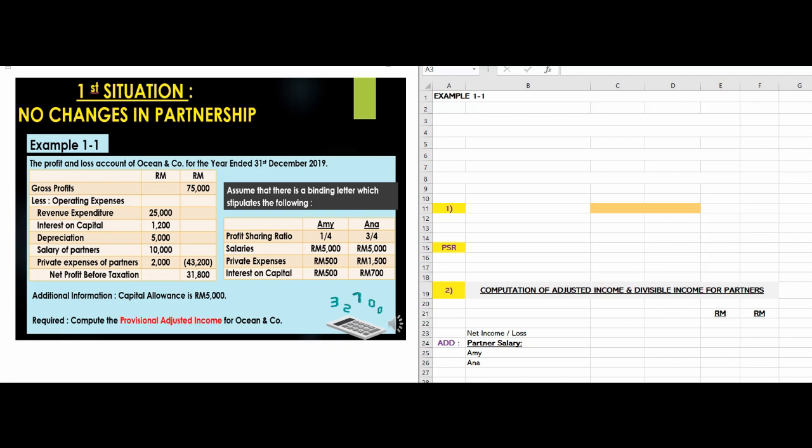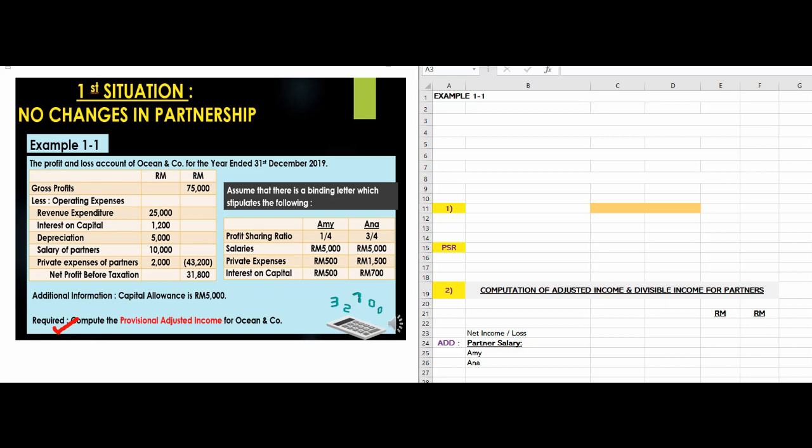What you have to do is find what the question requires you to do. The question needs you to compute the provisional adjusted income (PAI) for Ocean and Company. However, in this exercise, we are going to do until the statutory income.